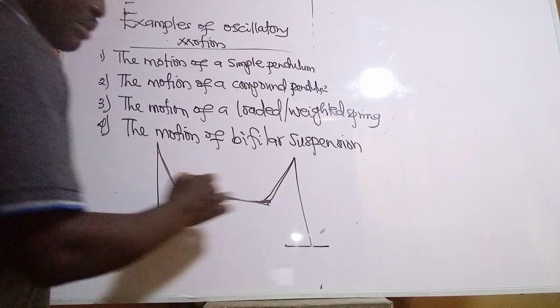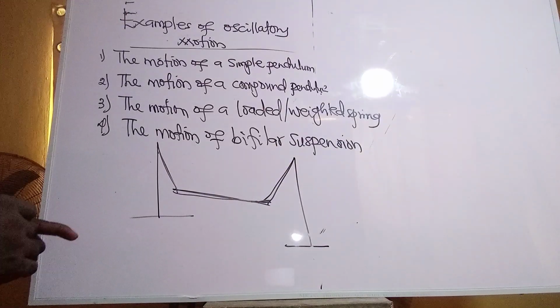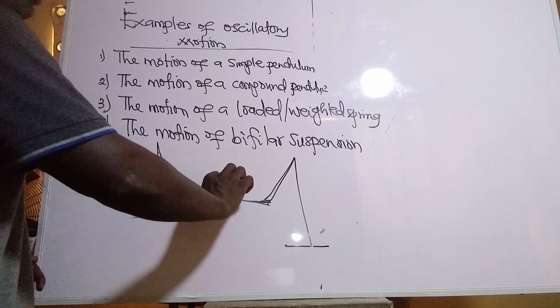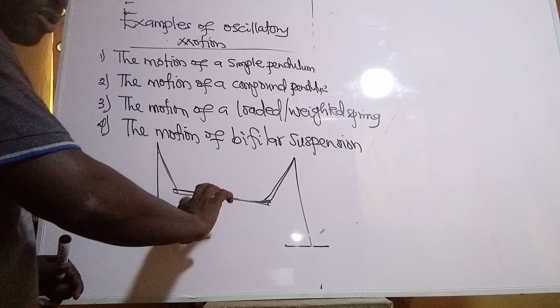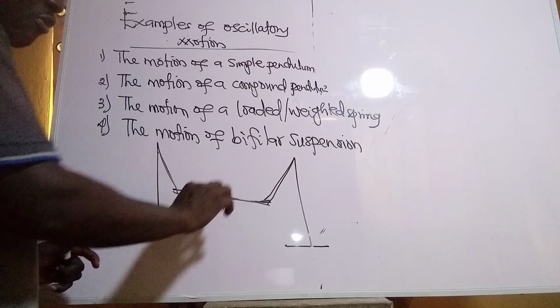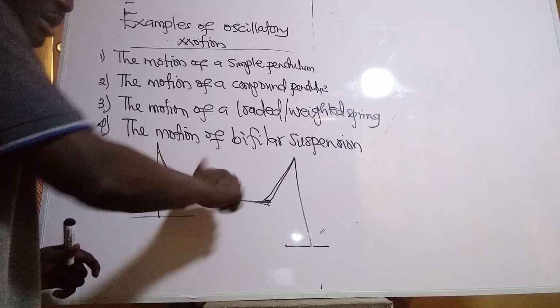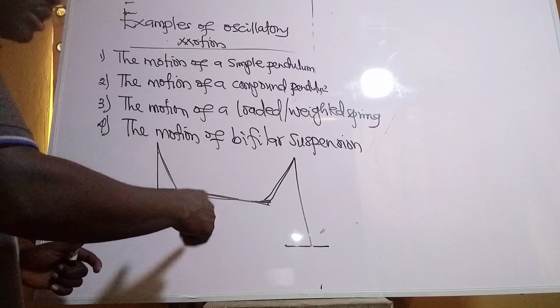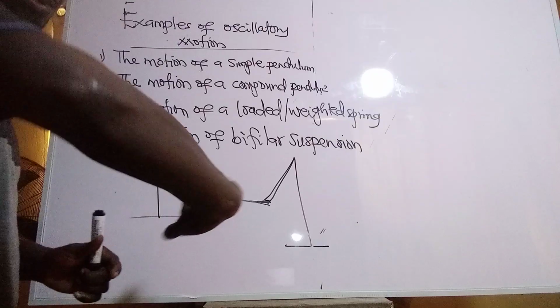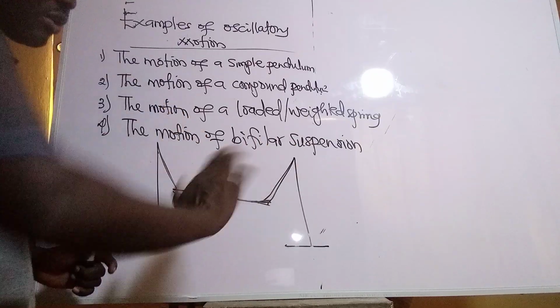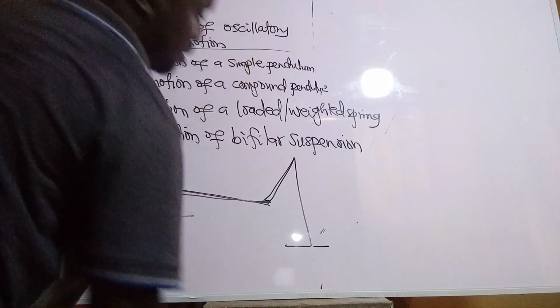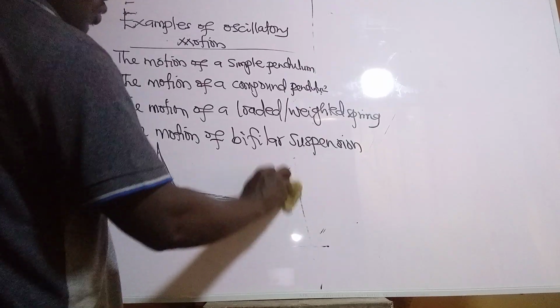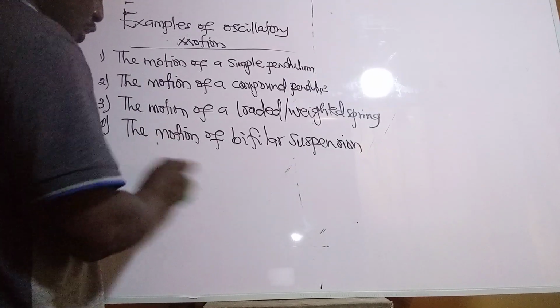The meter rule is connected to the two rotor stands, and when the meter rule is disturbed, or made to move by holding the middle and displacing it at a small angle, you see the back and forth movement of this meter rule, showing what we are calling oscillatory motion. So the motion of the bifilar suspension is also a form of oscillatory motion.